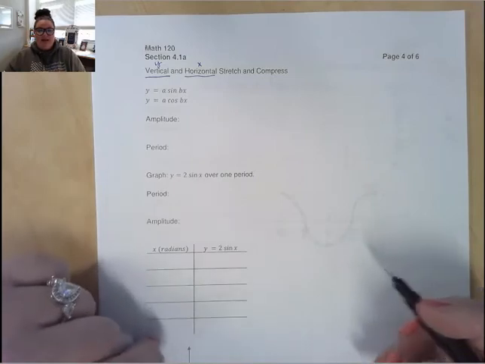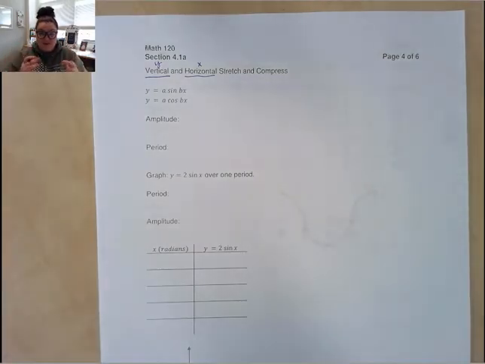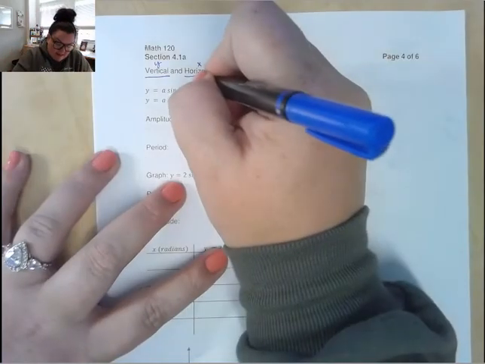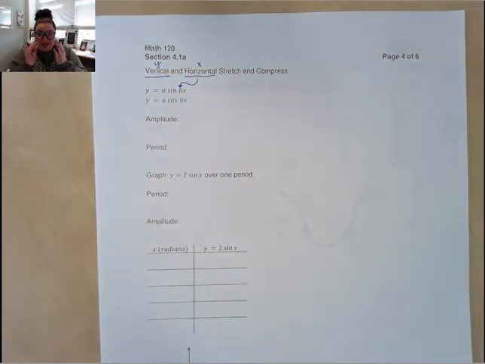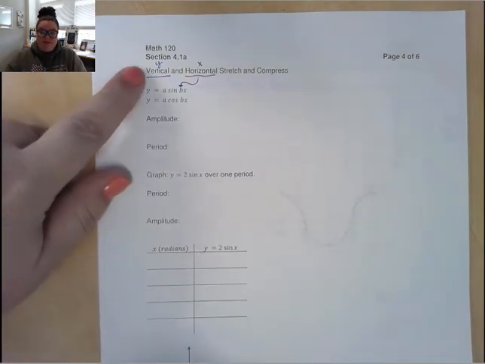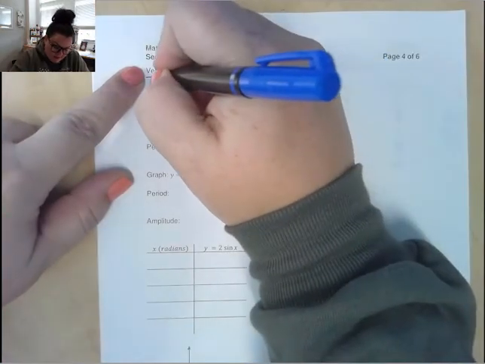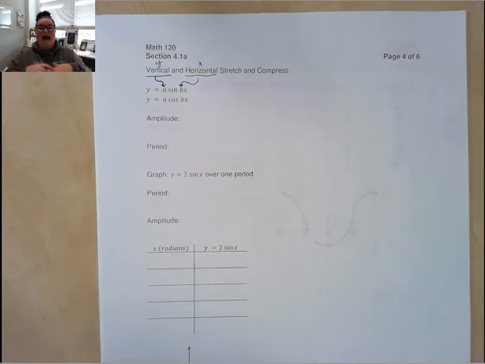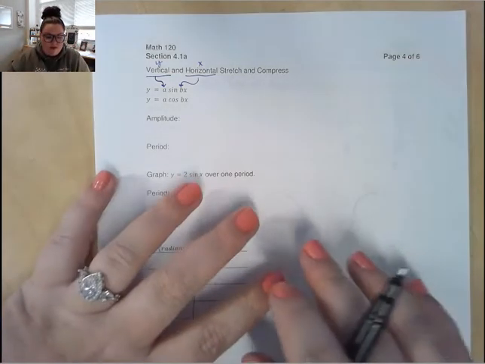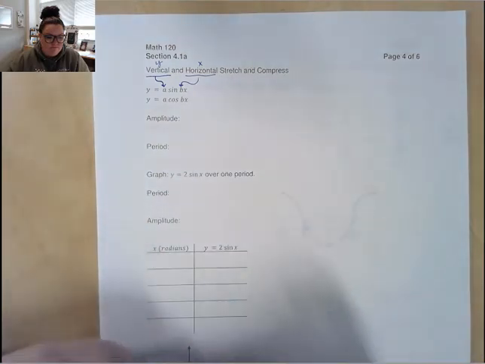So anything that is happening horizontally or relating to the x is going to happen inside the function, so inside the sine or inside the cosine, right? Anything that happens vertically that affects the y is going to happen outside the function, so outside of the sine, outside of the cosine, okay? So, let's see.